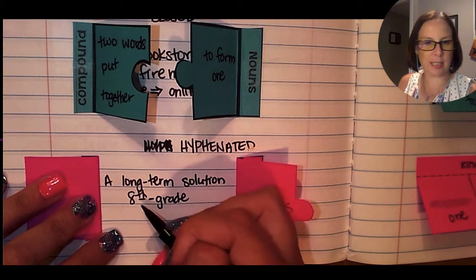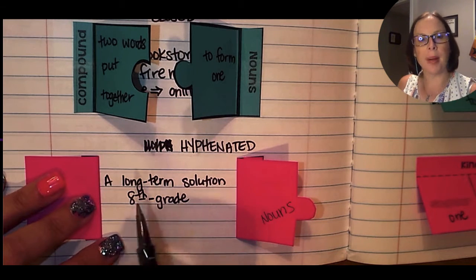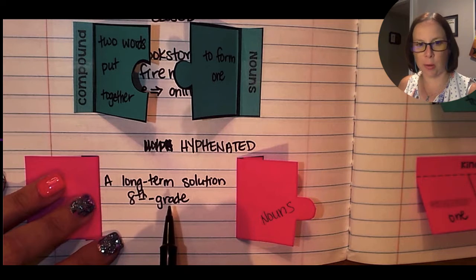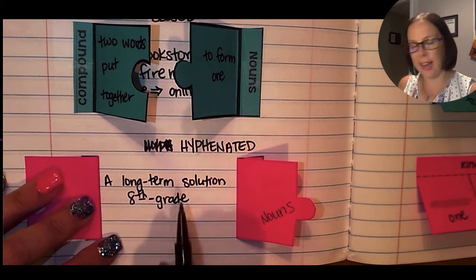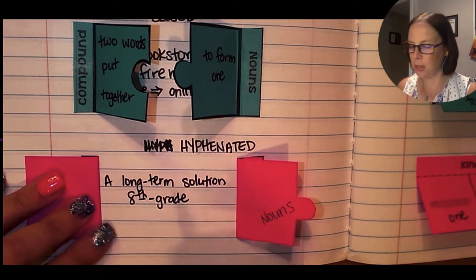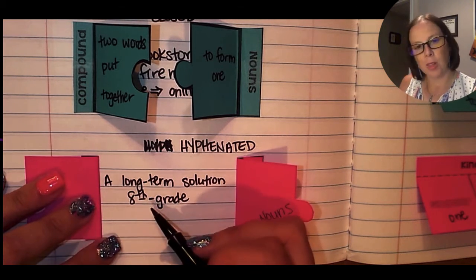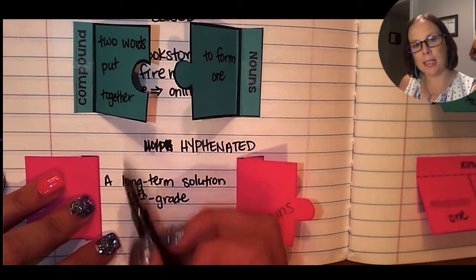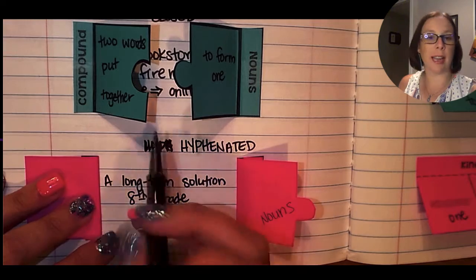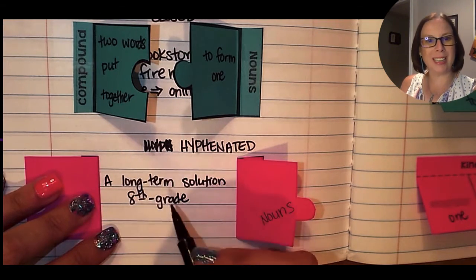They put a hyphen between 8th and grade. So if I said the 8th grade class, 8th and grade are very similar, so they're very related, which is why they would get a hyphen. I just think it looks silly. In all honesty, if you didn't put the hyphen, people would still understand. But when you put the hyphen, you know that these are working together.